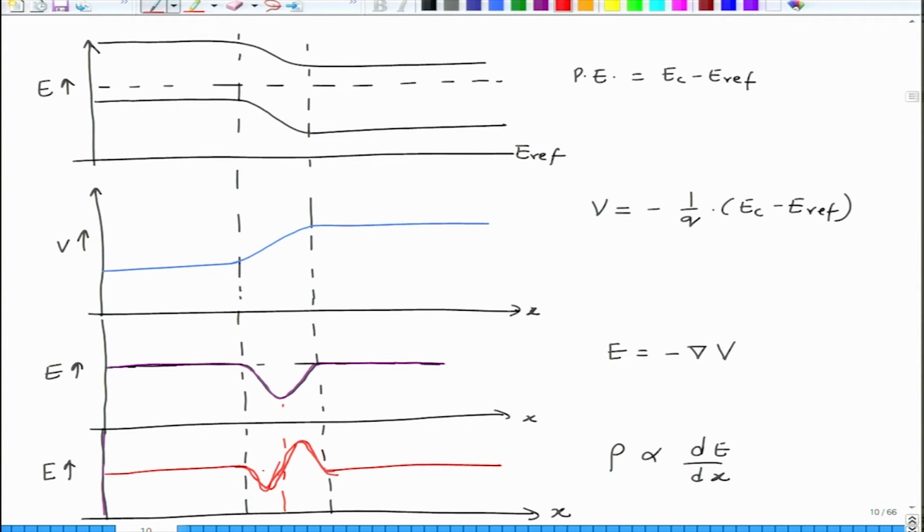Essentially you can see the negative charge density is equal to the positive charge density within the band bending region. So essentially the electric field is symmetric here. The total amount of negative charge is equal to the total amount of positive charge. The solid has to be, at the end, electrically neutral, which means the total positive and total negative charge should balance each other. So that is what will happen here.